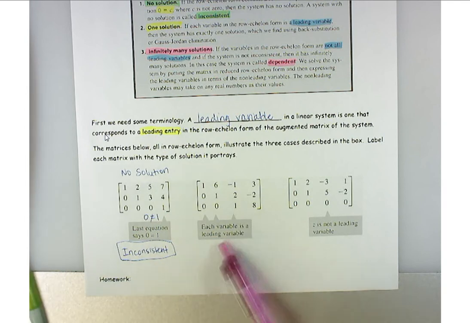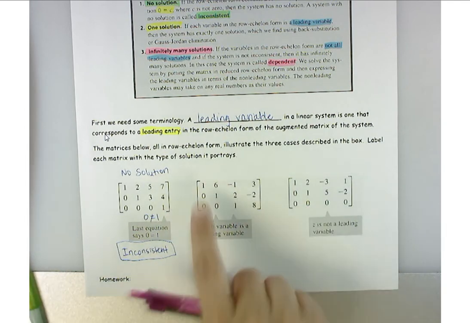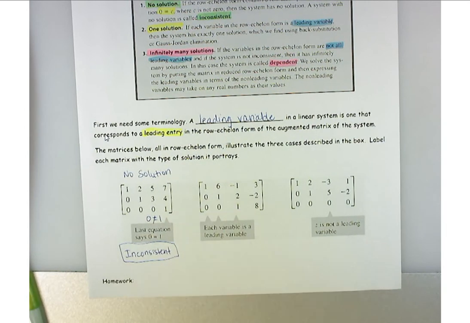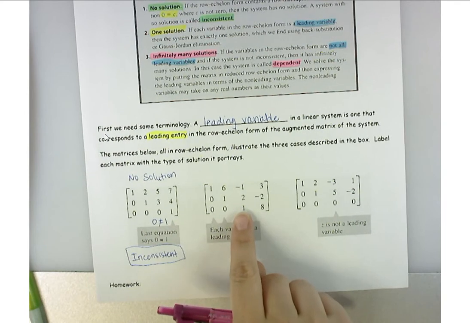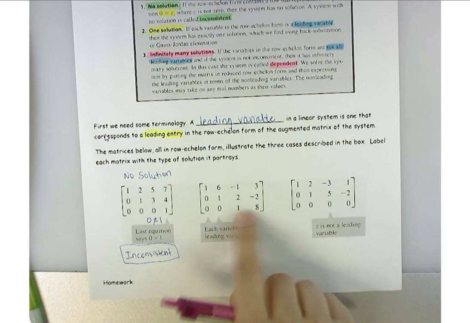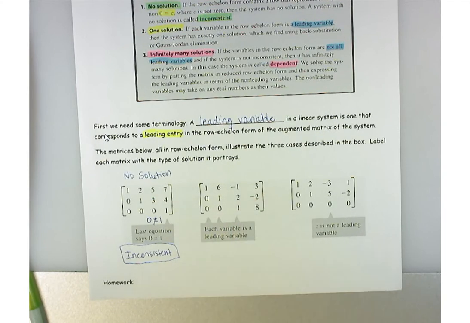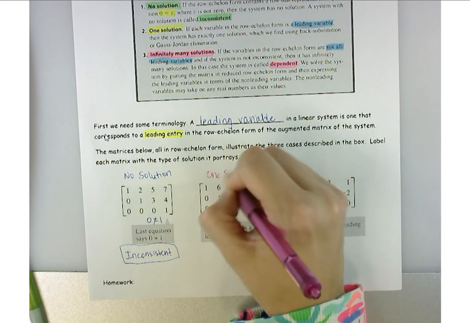Now here, you have a leading variable for each one, right? The bottom one here would be z equals 8, and what method could you use to solve this system? Back substitution. So this is going to have one solution.